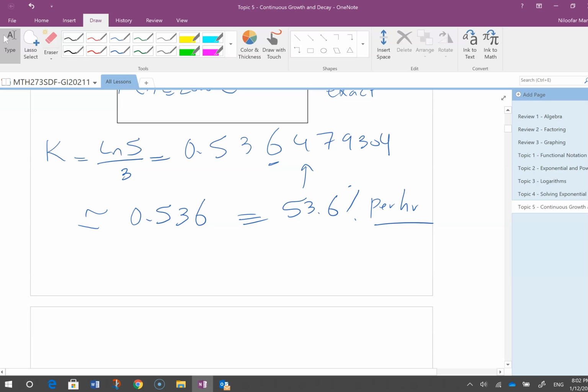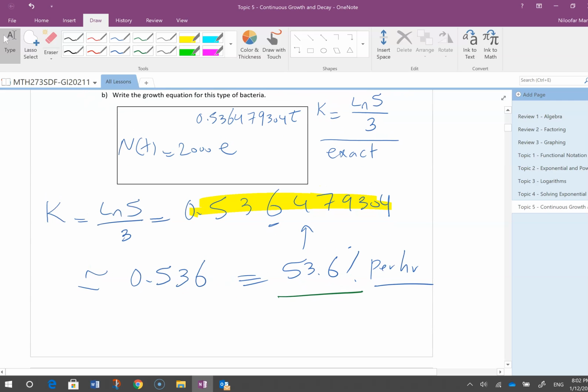Here I show you with 3 significant digits, but remember, when I want to use it for the next step, I use this one here. I do not want to round in the first step and then use the rounded answer. I want to round at the end, so I make sure that I use more digits and then I continue.